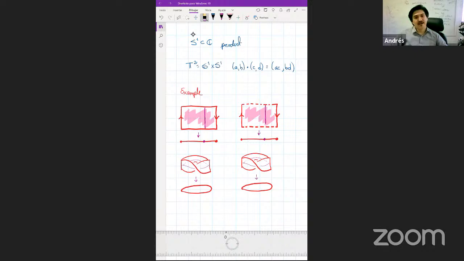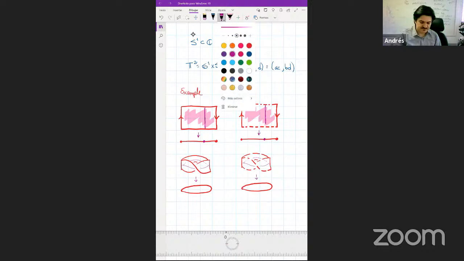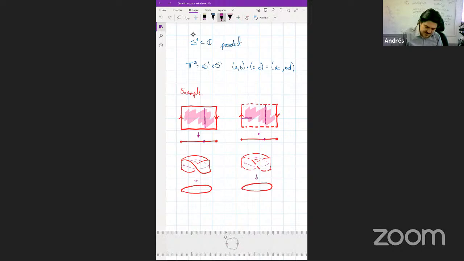In that way, the pre-image of a point is an open interval, and if you want, you can consider that R. Okay, now let's identify this line here.